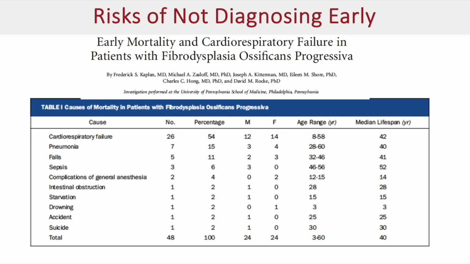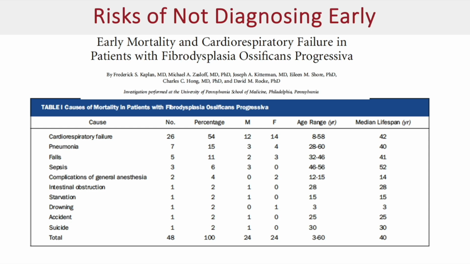One of the things that must be mentioned is the complications of general anesthesia. People with FOP have extremely limited mouth openings, as we've stressed several times, but they're also usually unable to extend their necks. And so the anesthetic airway is a particularly dangerous situation for these people with FOP.